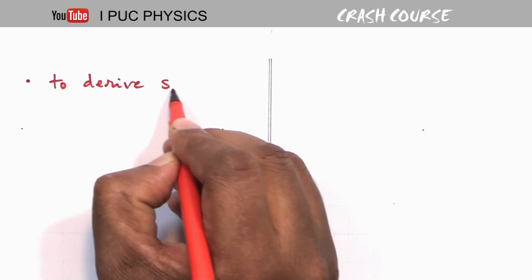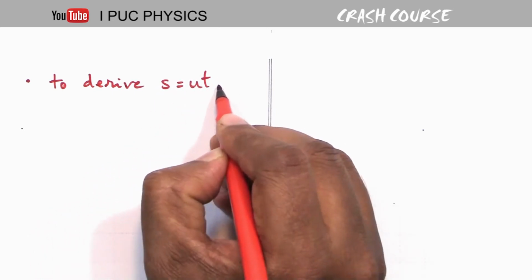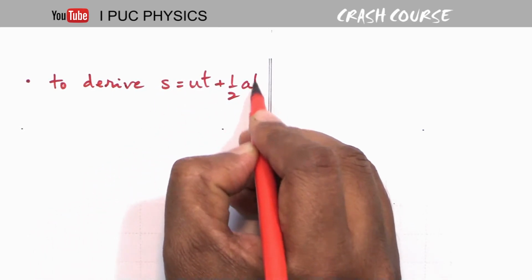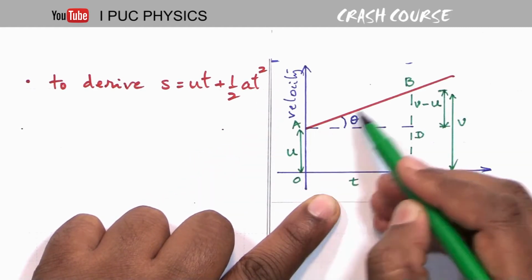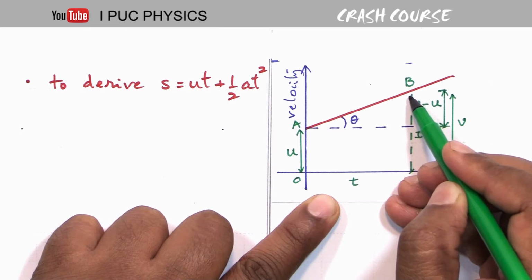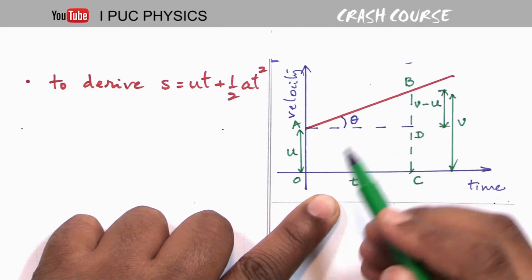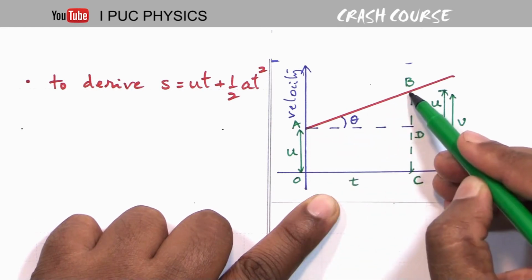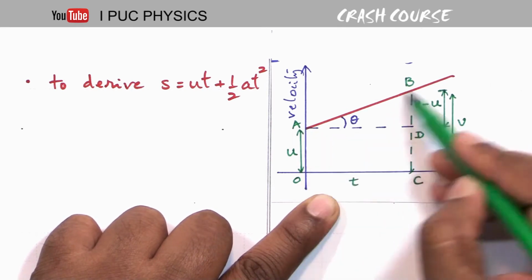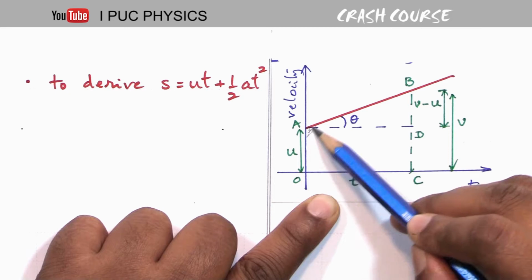To derive s equal to ut plus half at square. Area under velocity time graph gives displacement. So area of OABC. It is a trapezium. We want area of this.